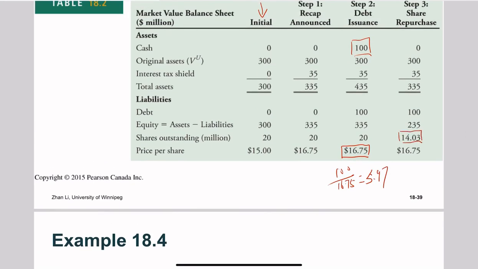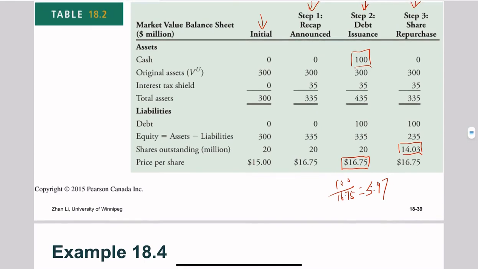So you can see that there will be 14.03 million shares left in the market. And the firm spends $100 million of cash to repurchase shares. So the cash will decrease to zero. And accordingly, the equity will decrease from 335 to 235.